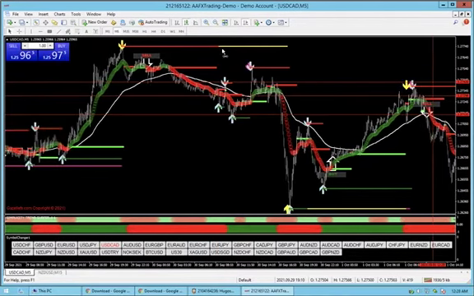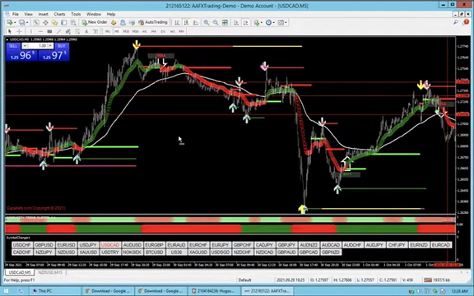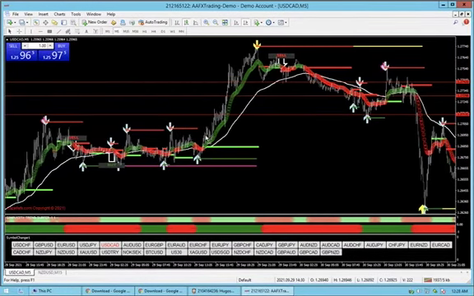Okay. Let me look back here. This was some consolidation, right? But of course, we're not worried about all this back and forth. This right here is pretty much your place of optimum entry right there, okay?